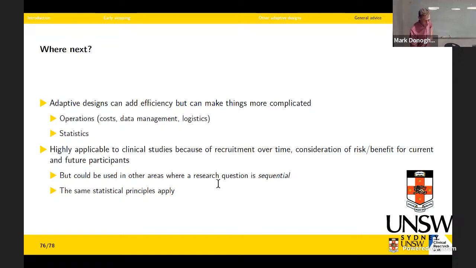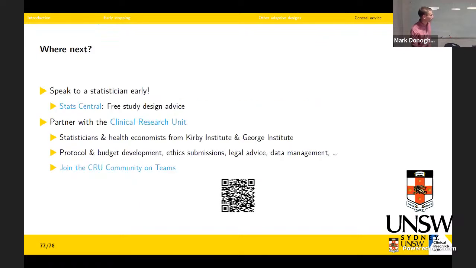But it could be used in any area where a research question is sequential, where you've got a bunch of questions you want to ask, but you need to know the answer to the first one before you ask the second one. The same statistical principles apply. You need to think about what your data is going to look like as you make those adaptations.